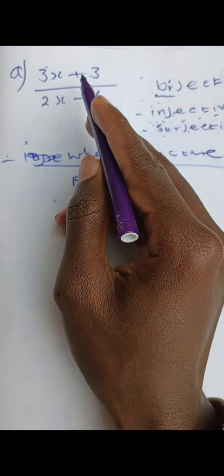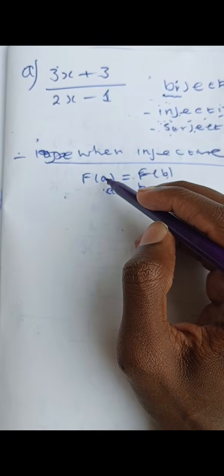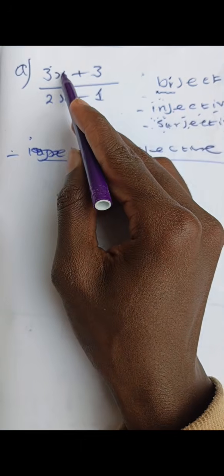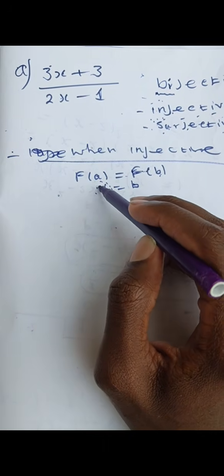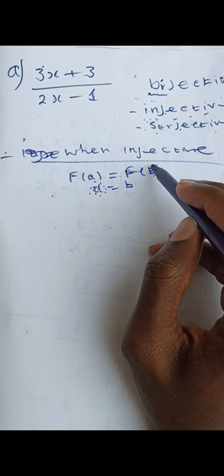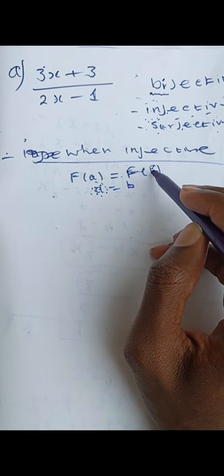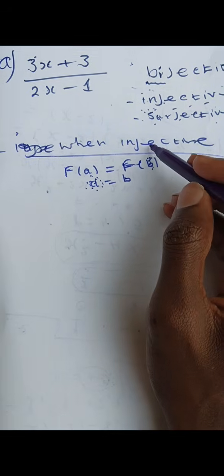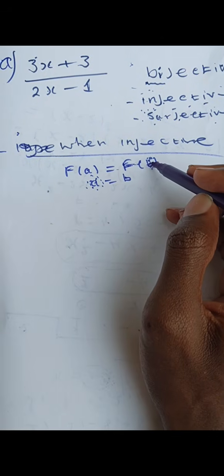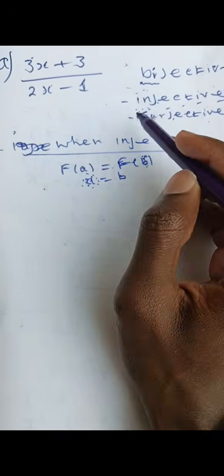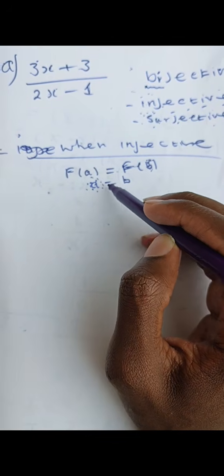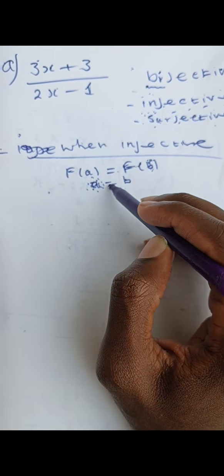If you take the expression given and substitute x with a, then simplify, then do the same with b, you equate them to each other. When you solve, you need to end up with a is equal to b.